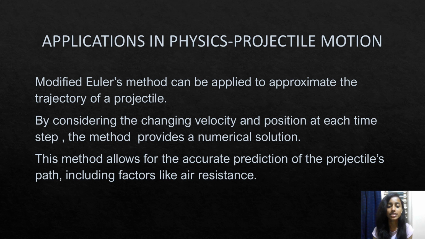It provides a step-by-step approach to approximating the trajectory, taking into account factors such as air resistance and varying gravitational fields. With the help of modified Euler's method, we can obtain precise numerical solutions for projectile motion, enabling us to analyze and optimize the various aspects of the motion.